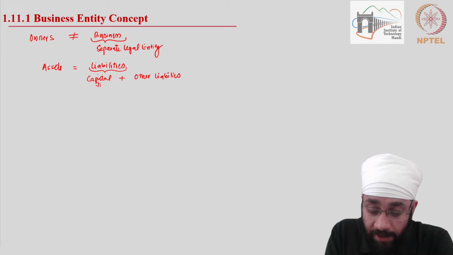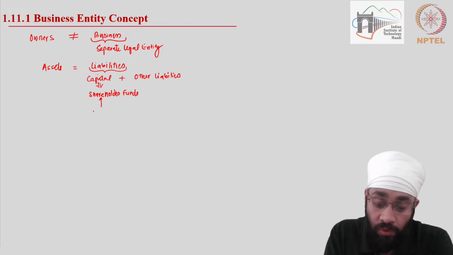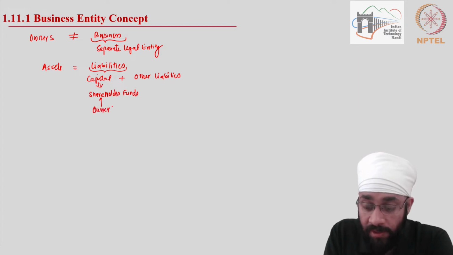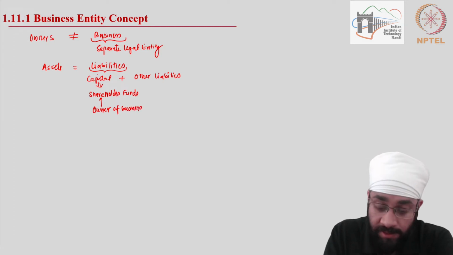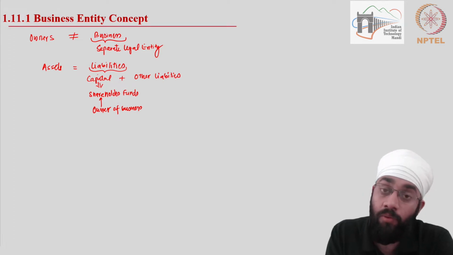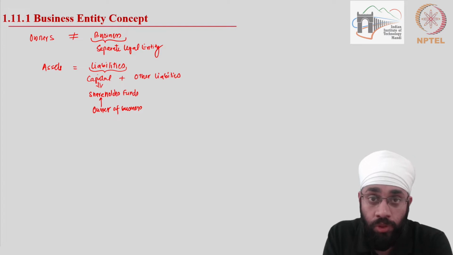Now, what is capital? The capital is the contribution that is made by shareholders. Shareholders' funds. Who is a shareholder? A shareholder is the owner, the part owner of the business. Therefore, what is happening here is in the business, we are creating a new liability. The company has to return this money to the owner.